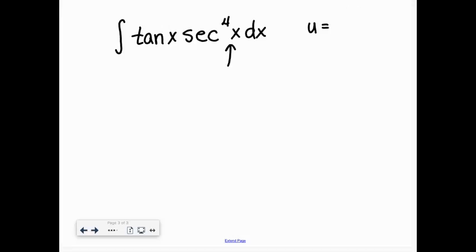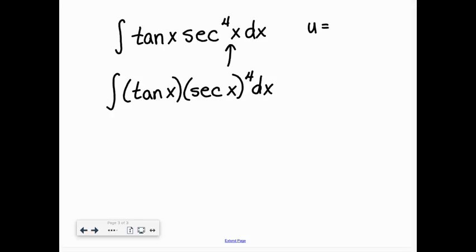So let's think about splitting this up. I'm going to write this as tan of x times secant x to the fourth, which then can become tan times secant, which is a derivative, times secant cubed.